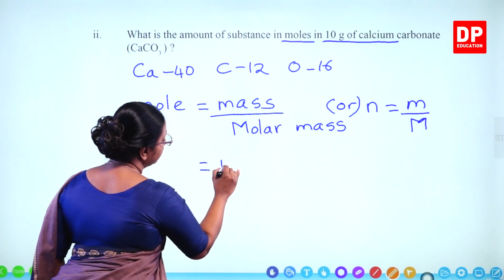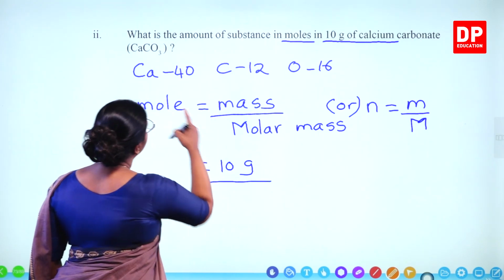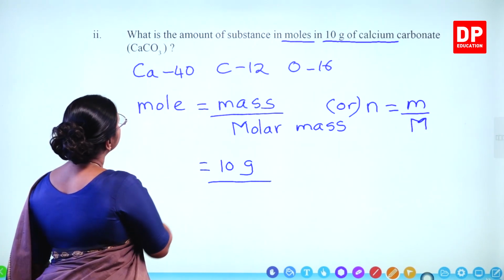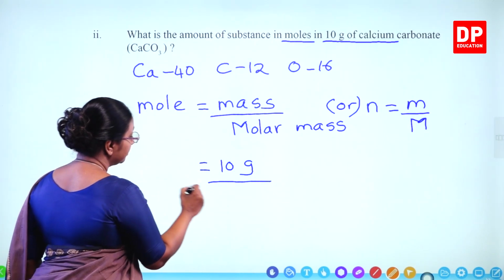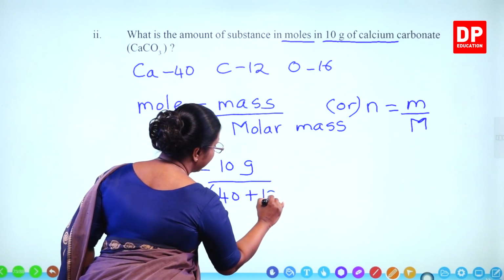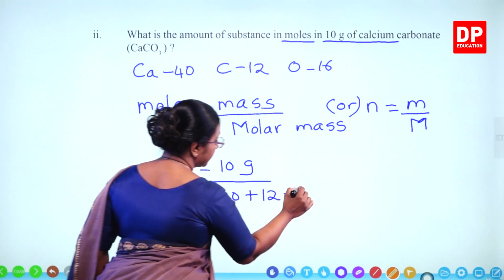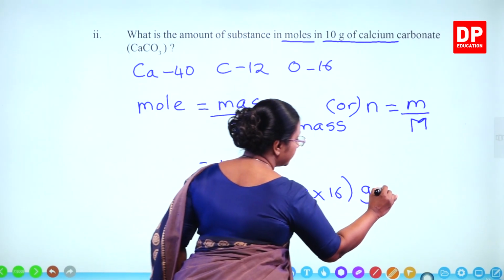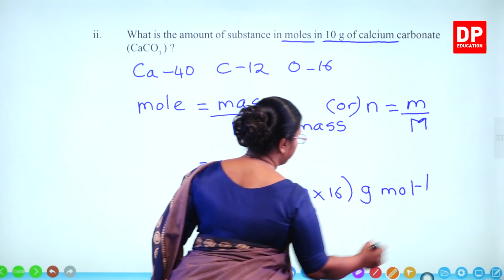It's given to you, 10 grams. What is the molar mass? Since you know the values, you know to add them together. Calcium 40, carbon 12 and oxygen 3 times 16. The unit is grams per mole.